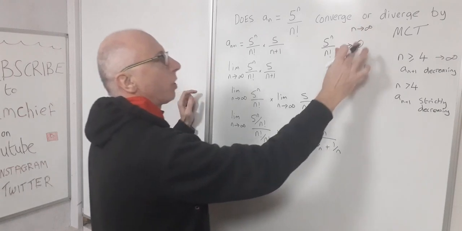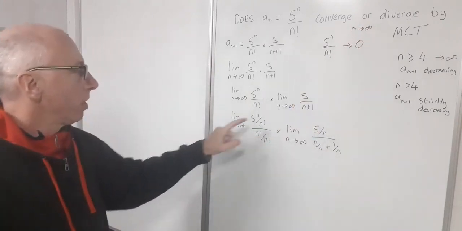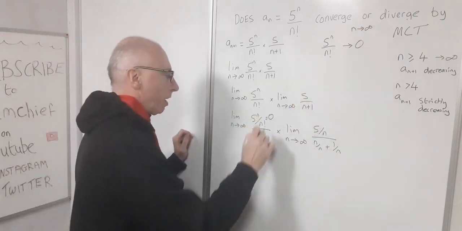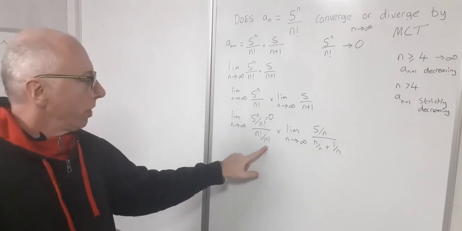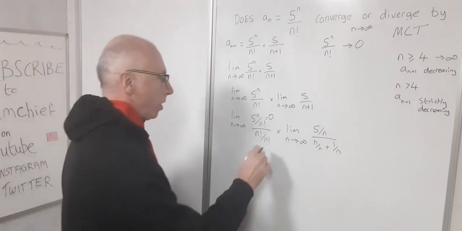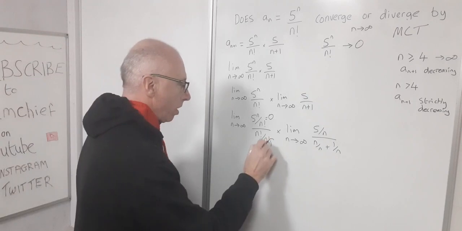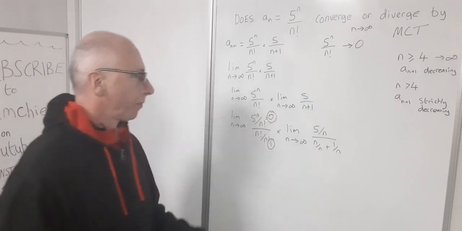So this term here would become 0. And n factorial divided by n factorial is just going to be 1. So these are 0 and 1.